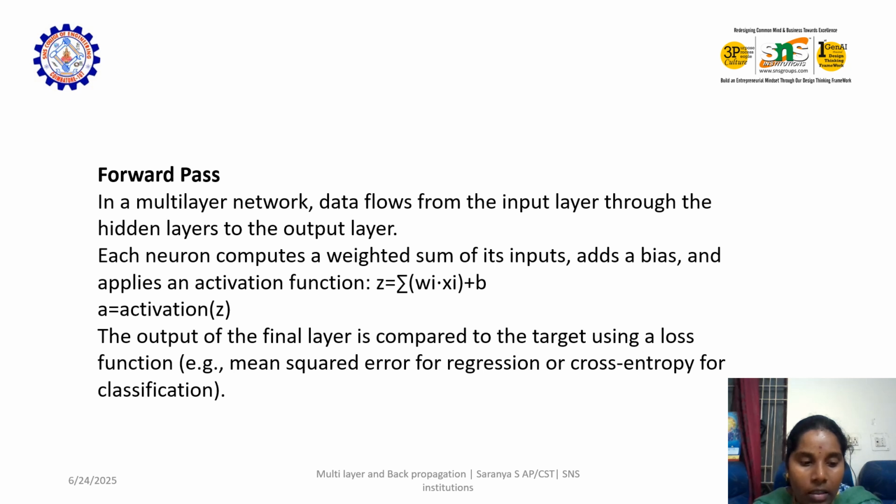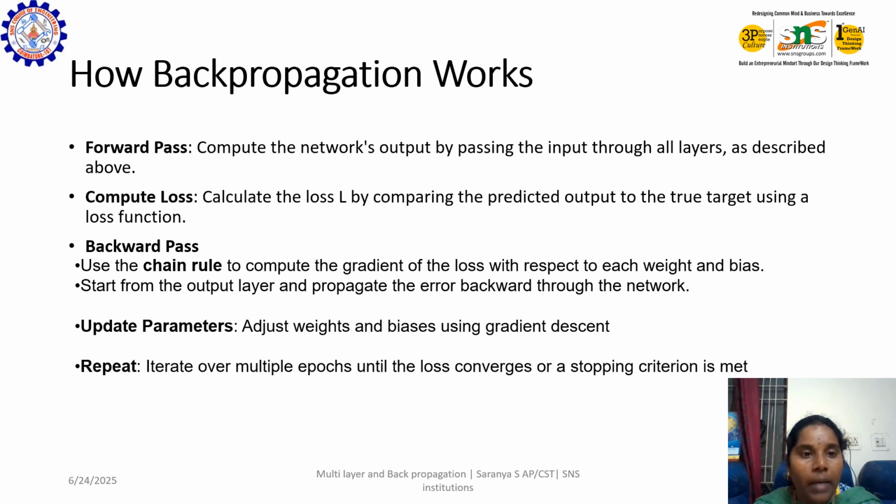The weights and biases are then updated using an optimization algorithm like gradient descent. This process is repeated over multiple training examples until the network performance reaches satisfying levels. Then, how does backpropagation work?